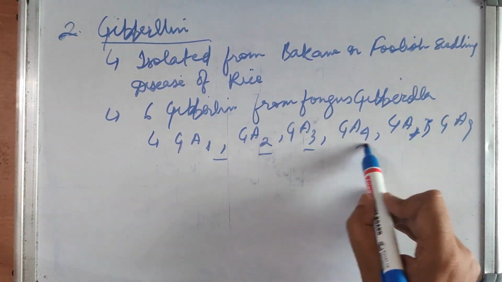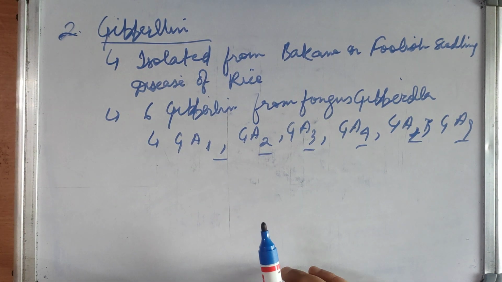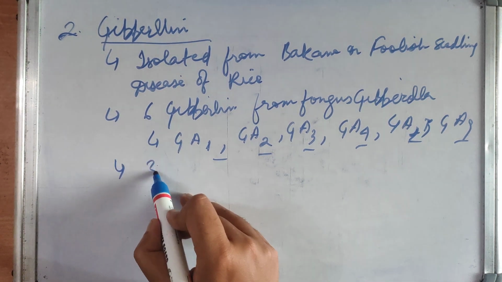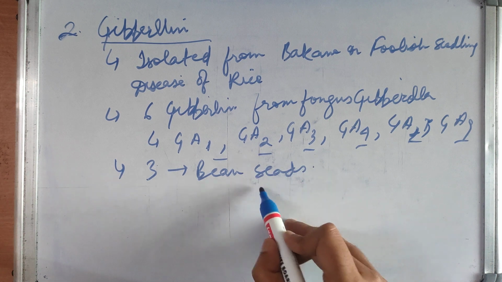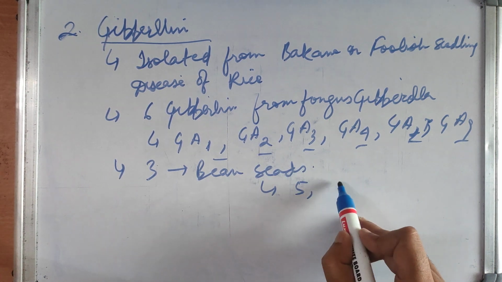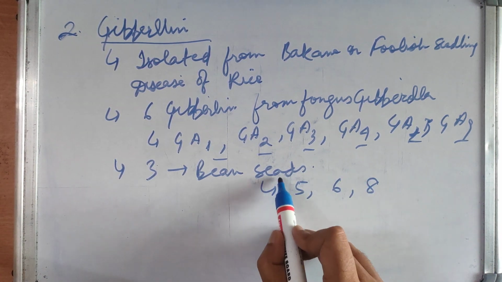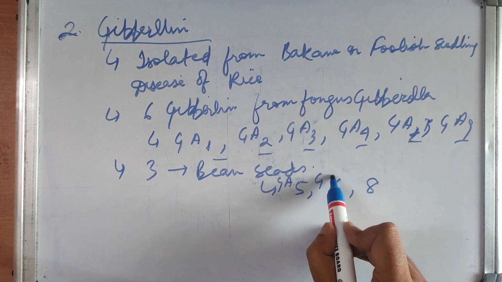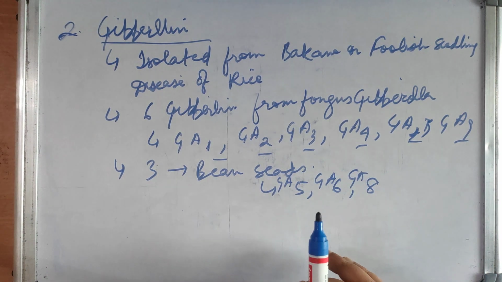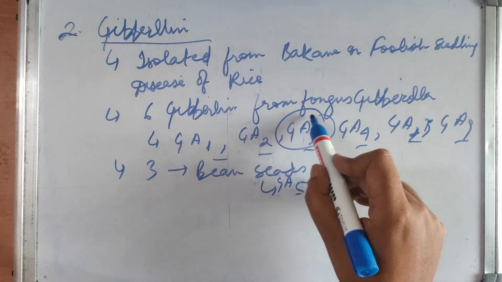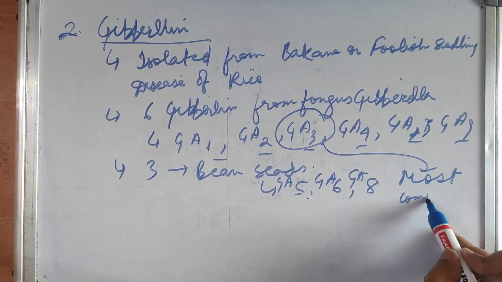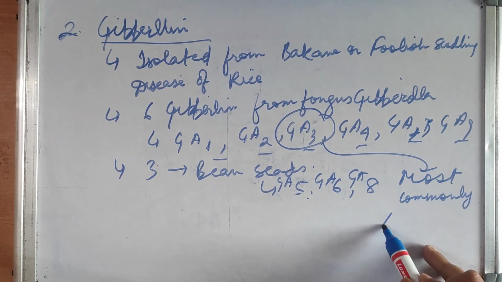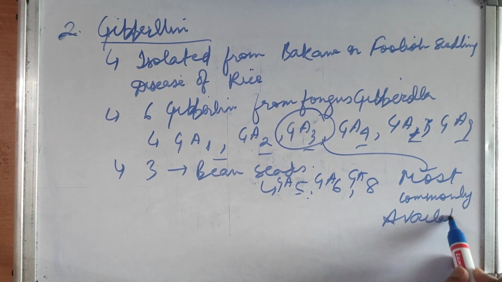And 3 gibberellins were isolated from bean seeds. These are GA5, GA6 and GA8. Most commonly available is GA3.